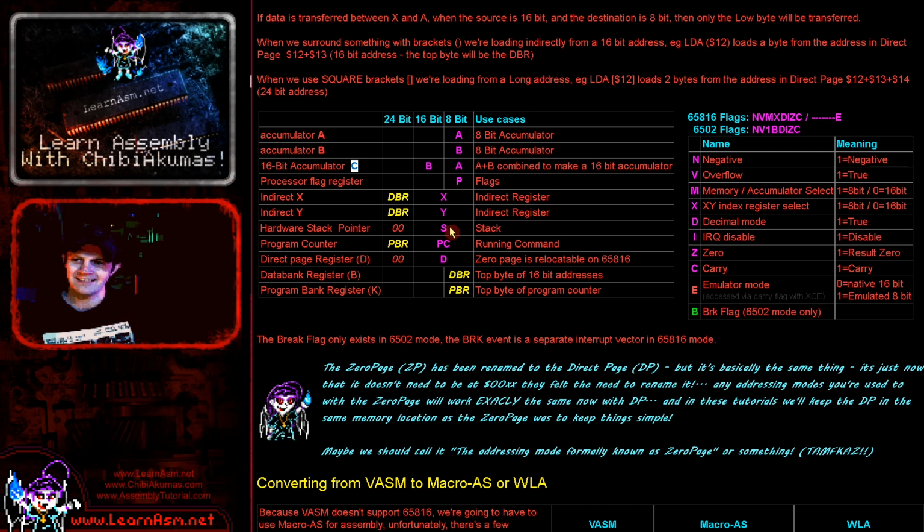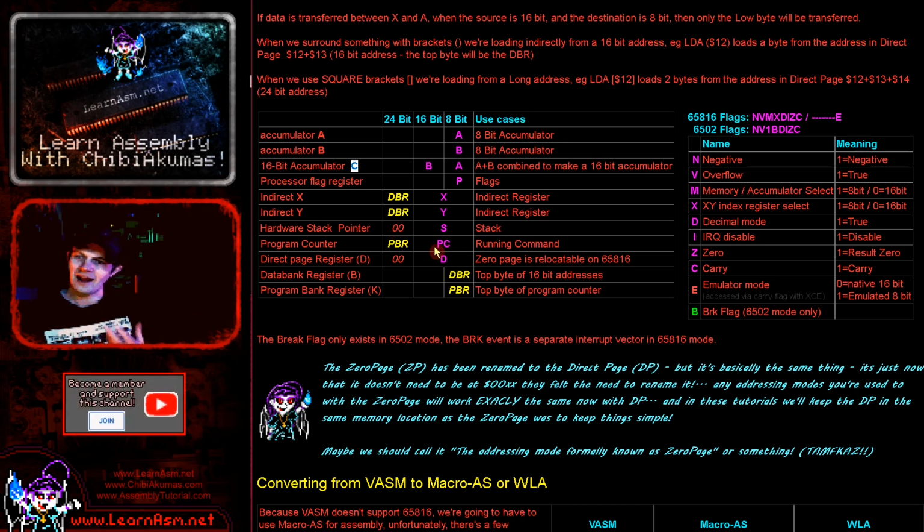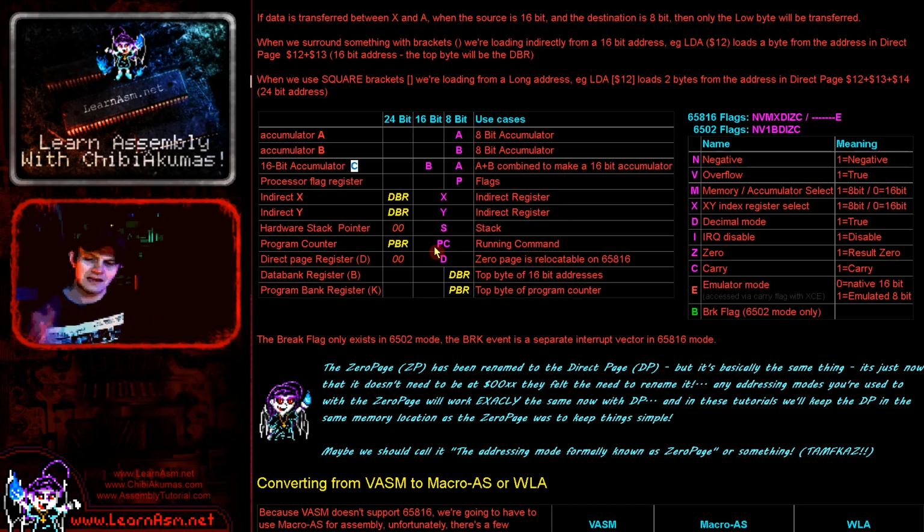The stack is now 16-bit, the program counter is still 16-bit, and the 0 page is now relocatable, although only within the first segment, so it can go from 0 to 65535, but it can't go into a larger addressing space than that. Now, our addresses, like the program counter, are still 16-bit, but we now have some extra 8-bit registers that make up the extra 8 bits of the full 24-bit addresses.